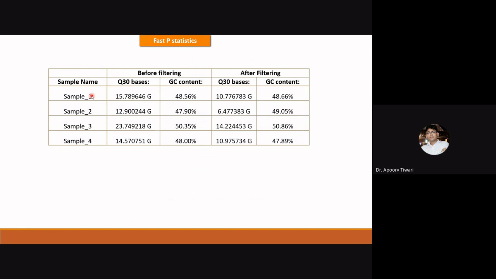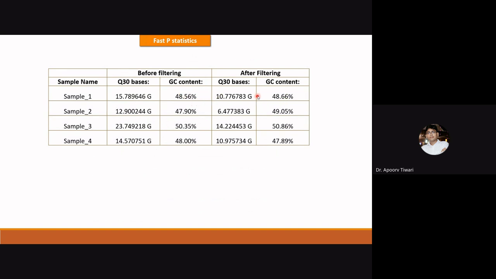It describes how much data there is before filtering, that is 15.7 gigabytes of data, that have Q30 bases, and the total for our samples 1, 2, 3, and 4, and what the GC content is.